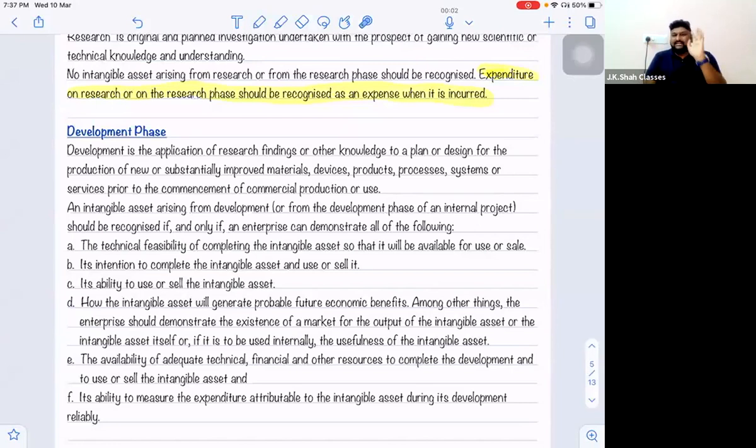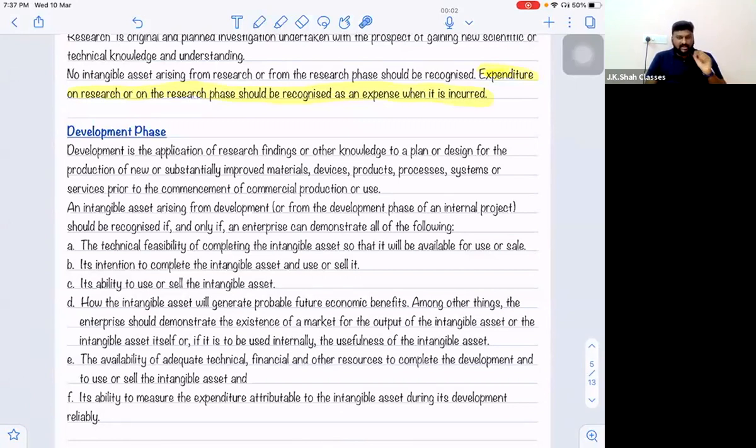Don't write all the 6 conditions in exam and unnecessarily waste your time. Because for 5 marks, these all conditions plus you have to write the given situation, the answer becomes too lengthy. So you can just write the intangible asset arising from a development phase can be recognized in the books if an enterprise can demonstrate all the conditions given as per AS26. Full stop. That will be more than enough.